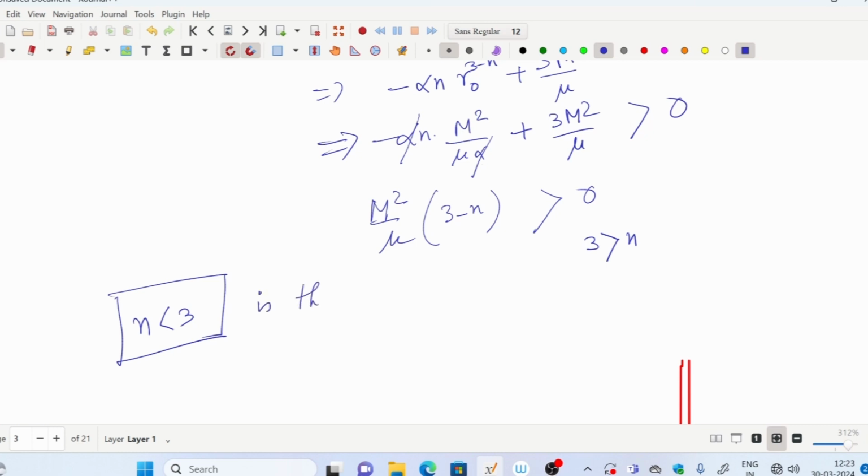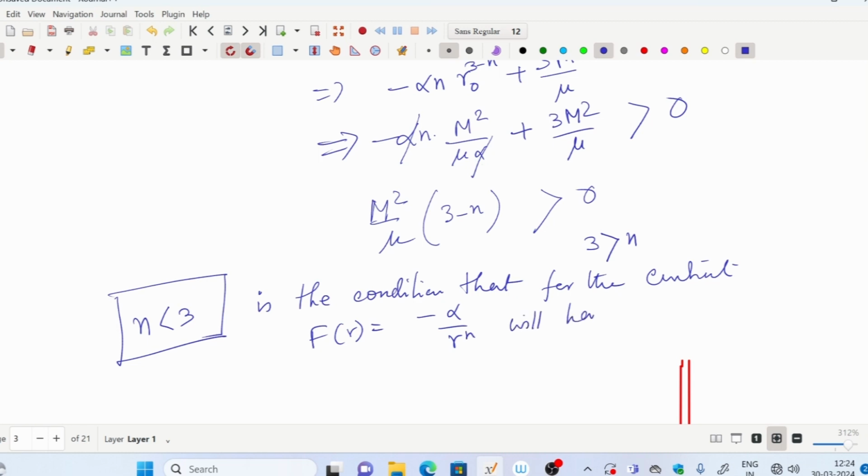This is the condition that the central force F r equal to minus alpha r to the power n will have a stable circular orbit.